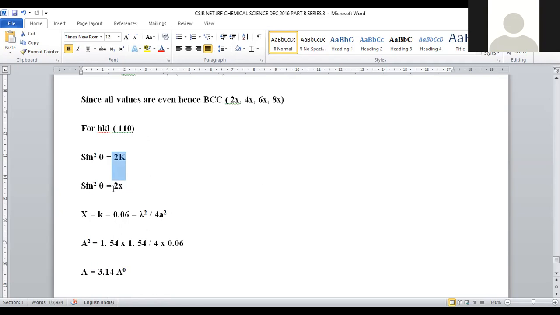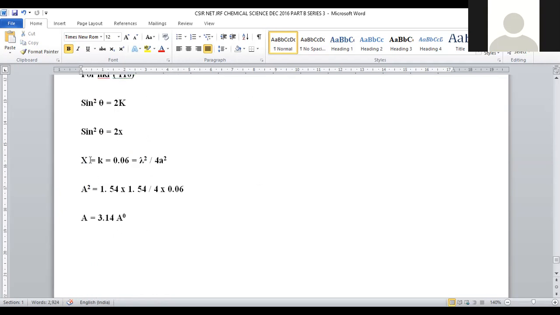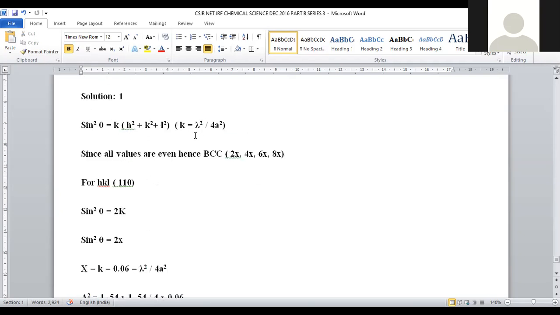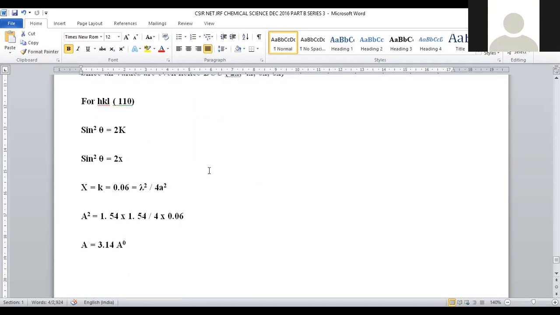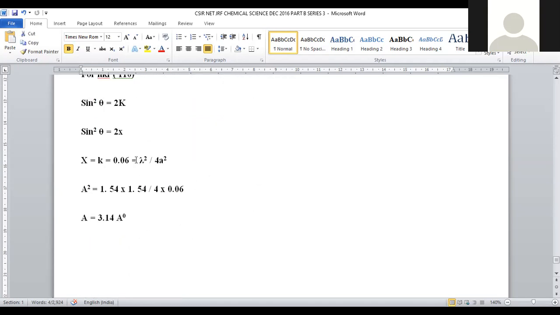Then it can be written as sine square theta is equal to 2x. Since k is equal to x, we can replace k with x, whose value is given as 0.06 within the problem. And this k value is equal to lambda square by 4a square.